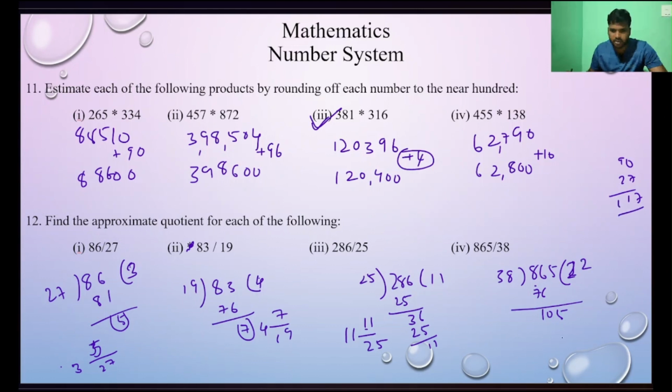Again 2 times, so again we will get 76 only. Here 15 minus 6, 9 here. 9 minus 7 is 2 here. So 29, 22 by 38 29. Okay, sorry, 29 here, 22 here.